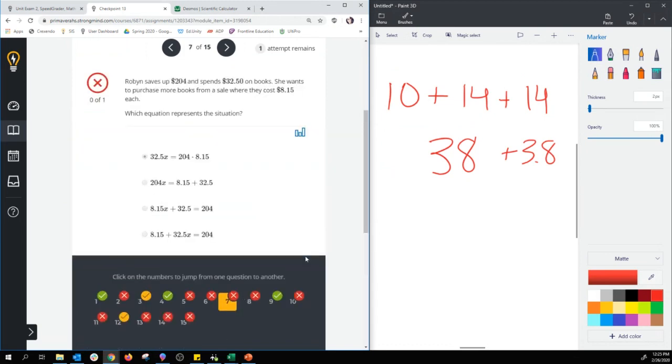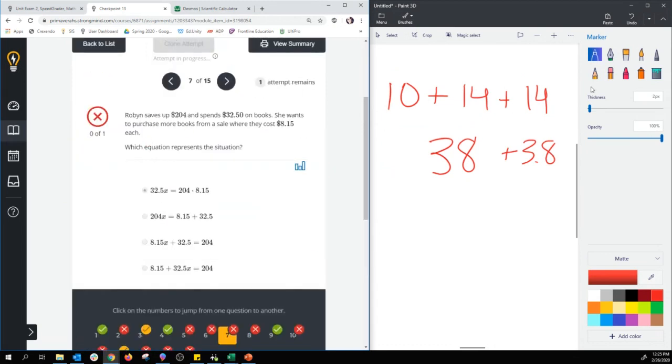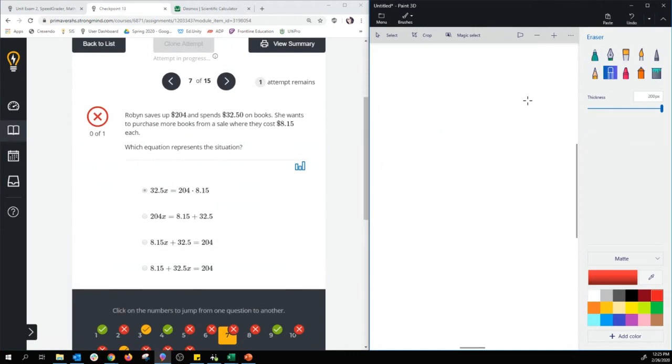Alrighty. Number 7. Robin saves up $204 and spends $32.50 on books. She wants to purchase more books from a sale where they cost $8.15 each. Which equation represents the situation? So, how much total money has Robin saved?